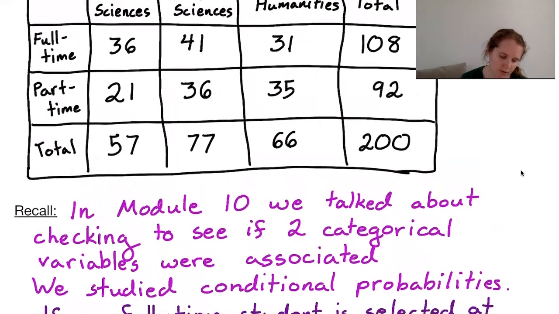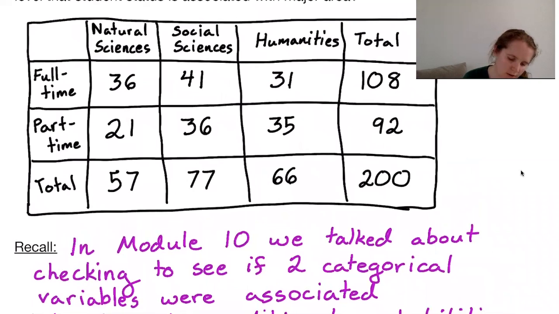Here we are focusing on full-time students, so we're only looking at the first row. In that first row, there were 108 full-time students to consider, and 36 of them were in the natural sciences.